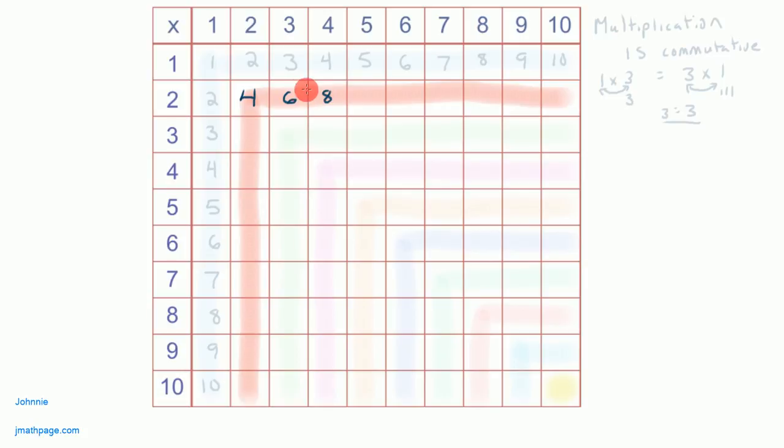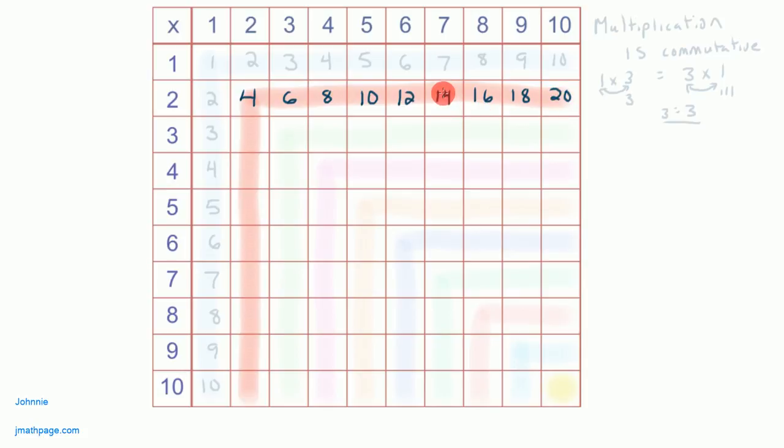Double 4 is 8. 2 times 5, double 5 is 10. 2 times 6, double 6 is 12. 2 times 7, double 7 is 14. 2 times 8, double 8 is 16. 2 times 9, double 9 is 18. And 2 times 10 is double 10, which is 20.